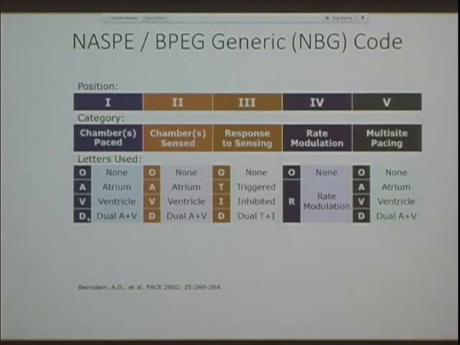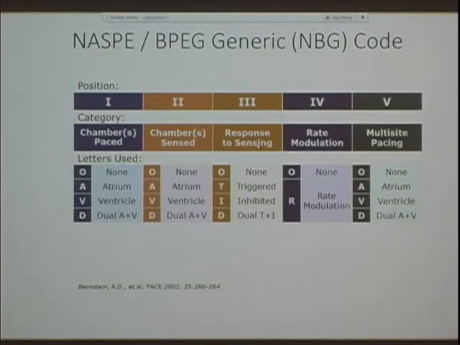So if it's D, that means it is capable of pacing both in the A and the V. The second is the chamber that it's sensing. So is it seeing things in the atrium, in the ventricle, or in both chambers? The third is the response to the sensing.